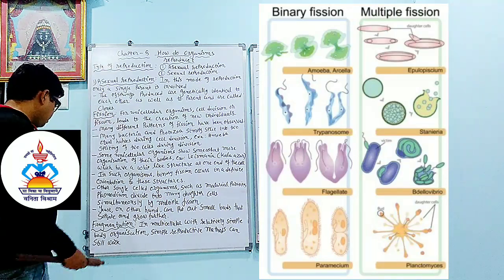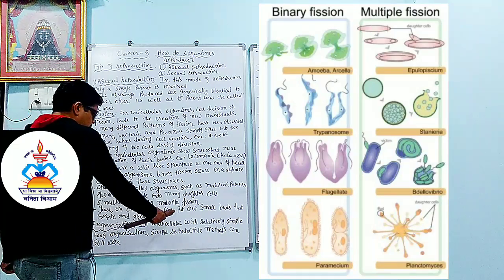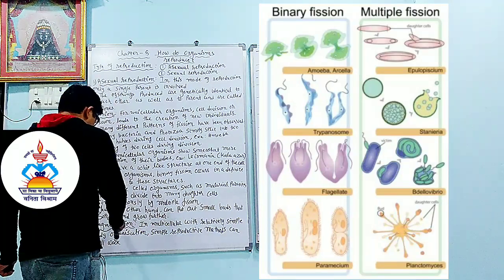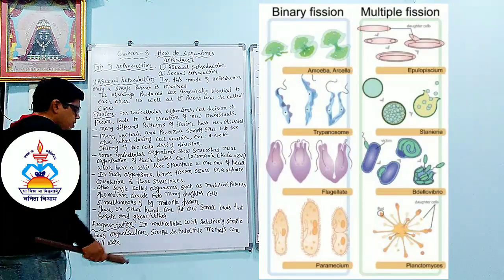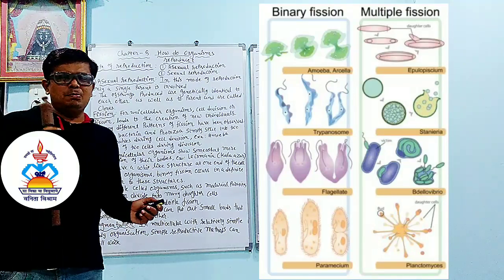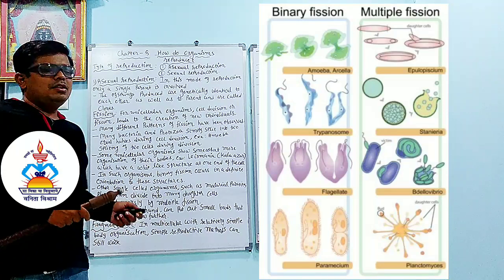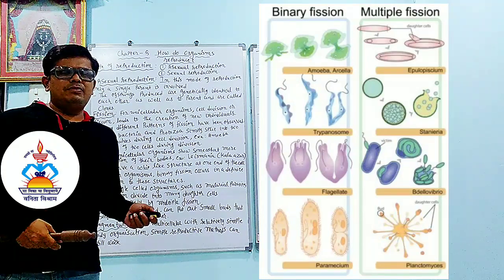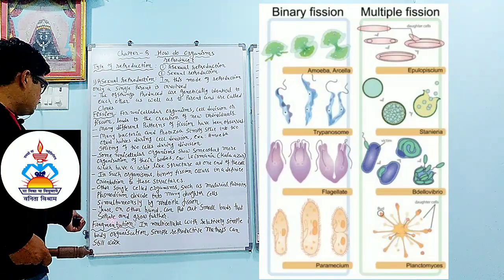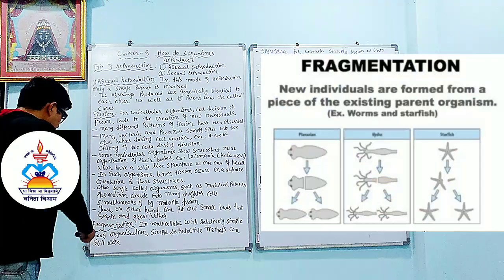Yeast, on the other hand, can put out small buds that separate and grow further. By budding, we can find new yeast that grow further.